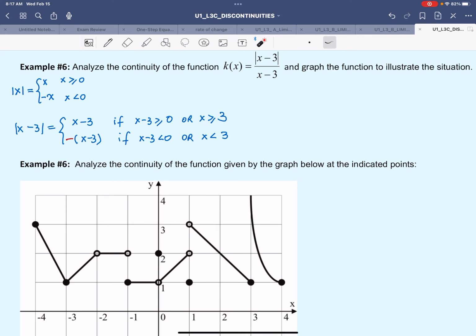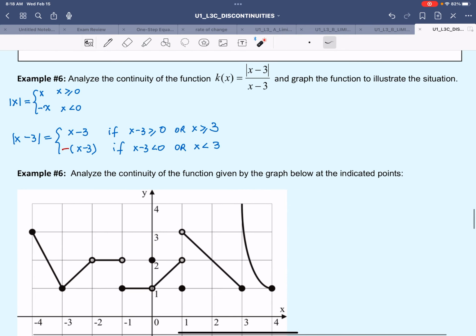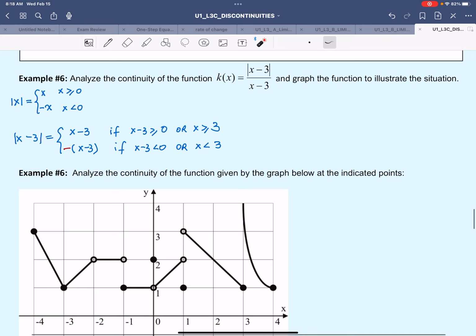Okay, so now let's start with discussing the continuity of this function. The first thing that we want to do is check and see where this function may be discontinuous. Since we are dealing with a rational function, the potential discontinuities would be wherever the restrictions are.